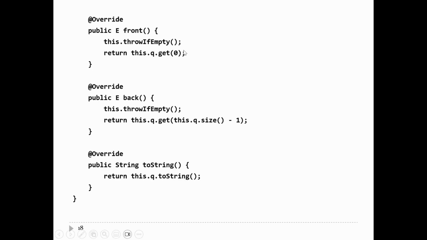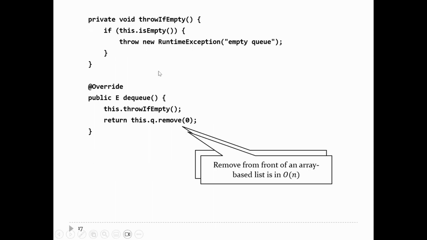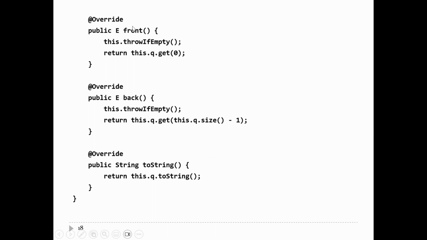Front simply returns the first element of the list without removing it. So you use get. If the queue is empty, you're going to throw an exception. That's why I created the method, because I don't want to repeat this code in dequeue, front and back. I'm going to minimize code duplication by creating a method instead.